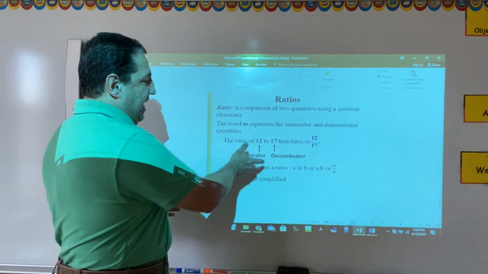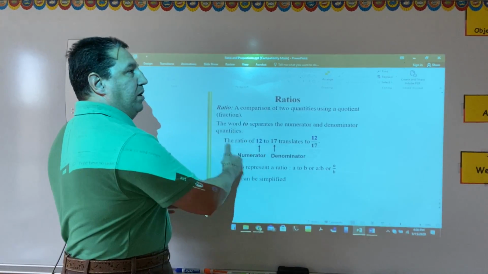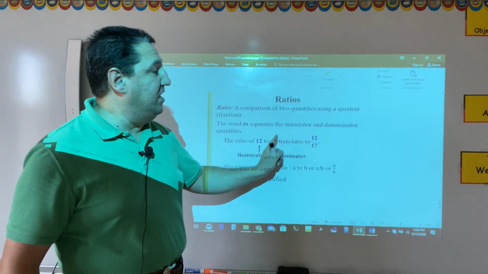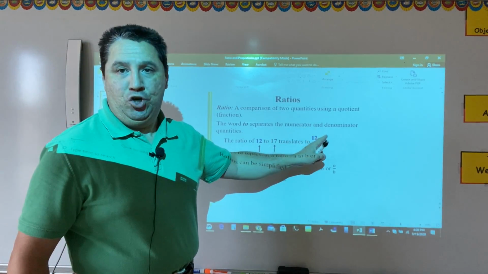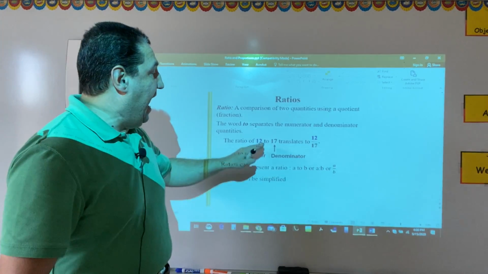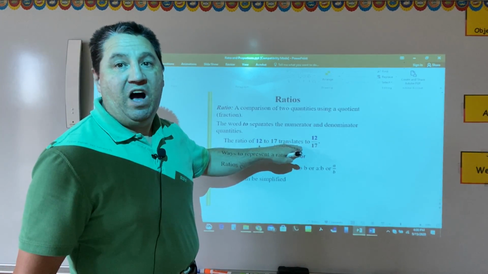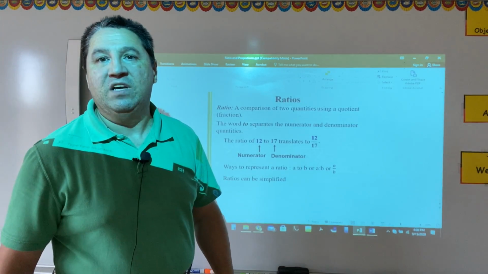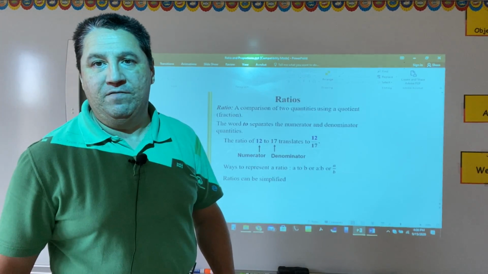In other words, the quantity that is before the word "to" is the numerator of the fraction, and the quantity that comes after "to" goes in the bottom, as the denominator of the fraction.